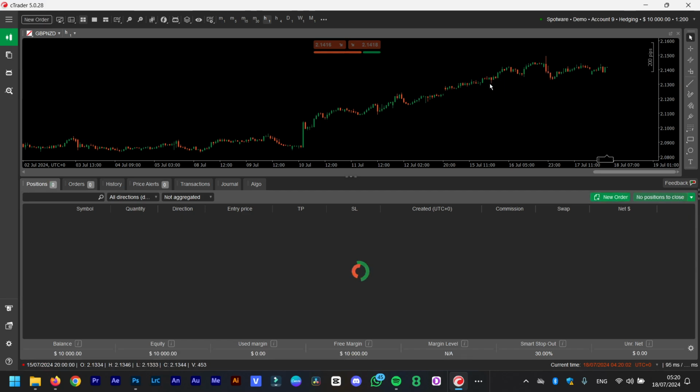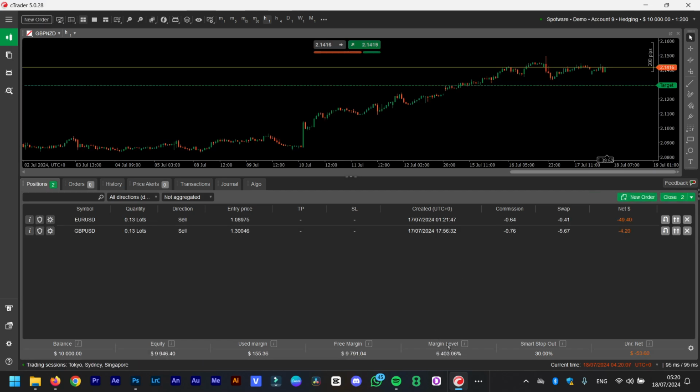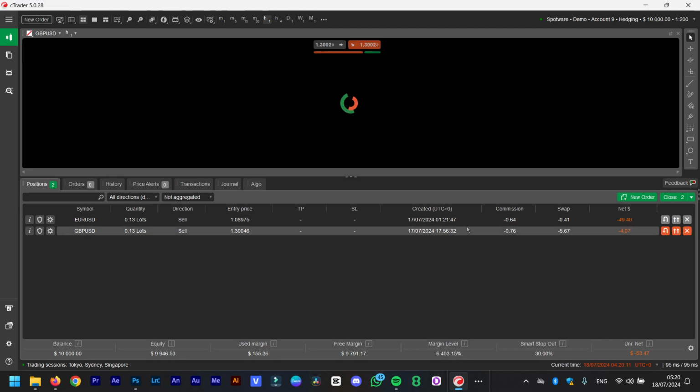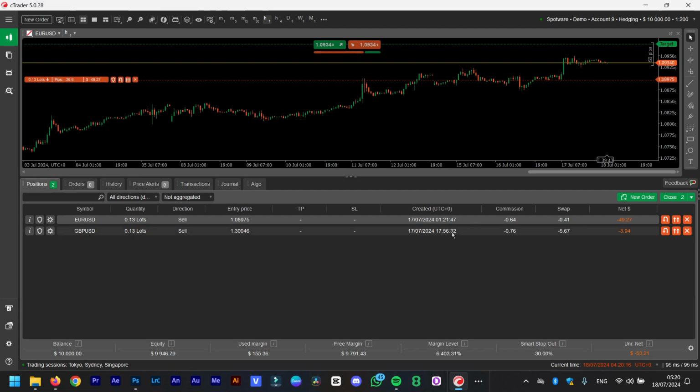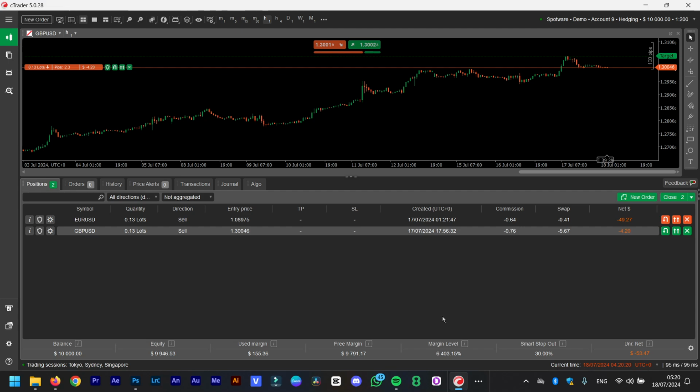Now account number 9. Account number 9 is the same thing. We have 6% of margin level, which is really safe. So even though both of the trades are going against me, there's no problem. Super okay, because we have a lot of margin here, and that's exactly what I'm looking for.